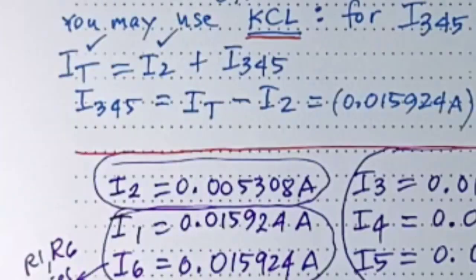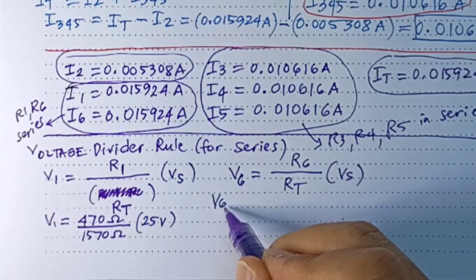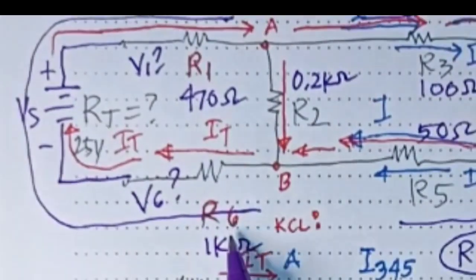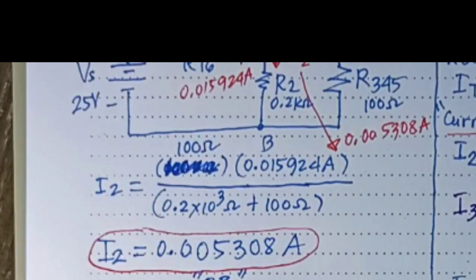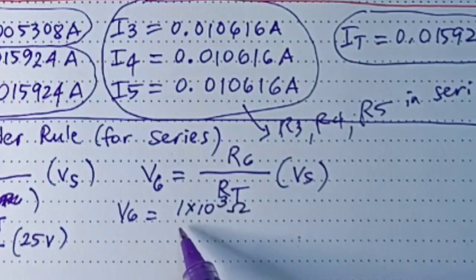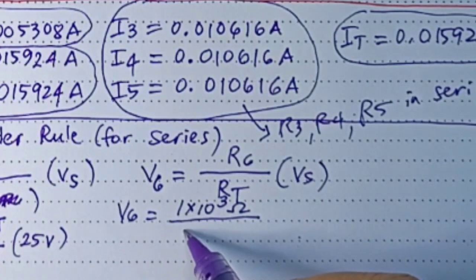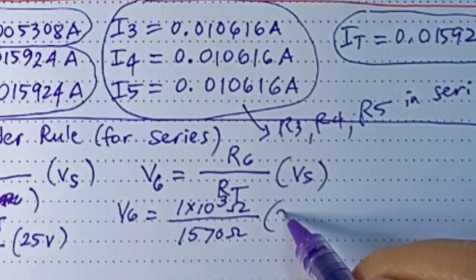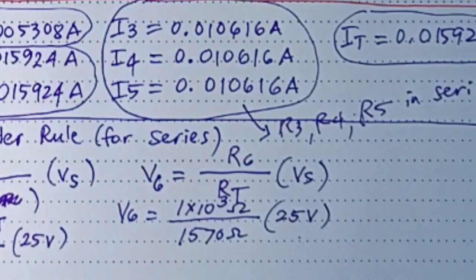Our Vs is 25 volts. And then for V6, we will get the R6. How much is our R6? R6 is 1 kilo ohm, 1 times 10 to the 3 ohm, or 1000 ohm, over the R total of 1570 ohm, multiply with our Vs of 25 volts.